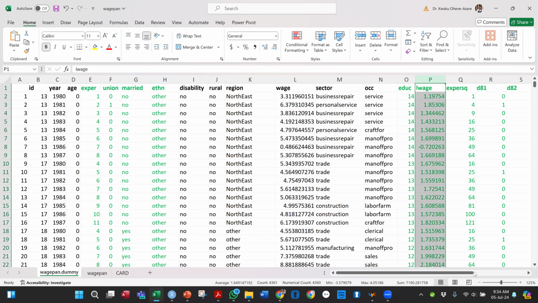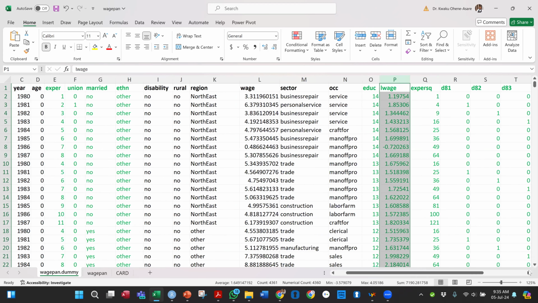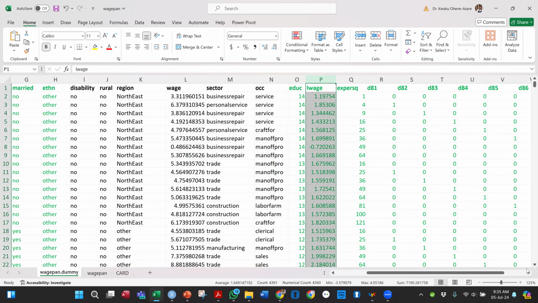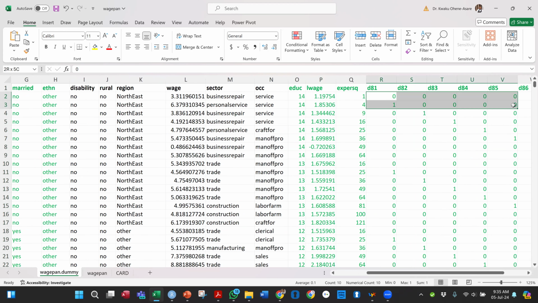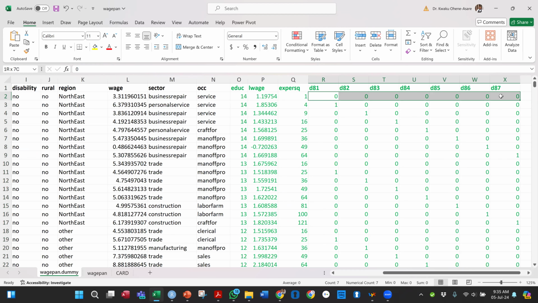And then you also have the time dummies. What we've done is create time dummies for each year. We start from 81 because 1980 is the baseline. So if you look at 81, they will all have 0, 0, 0, 0, because, like I said, we started from 1980.